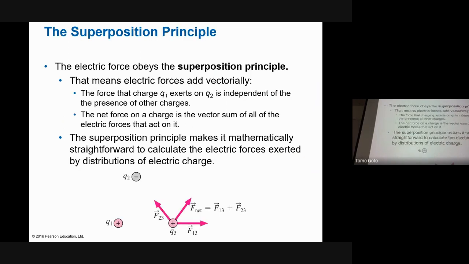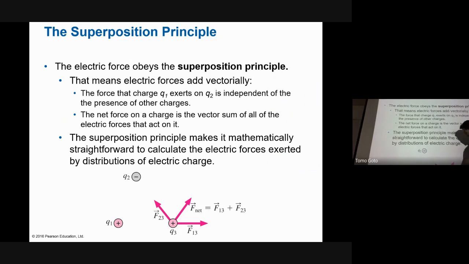Right? Then the superposition principle. This is super convenient, right? If we have multiple charges, like here, plus Q1, plus Q3, and minus Q2, and then say you are Q3, how do you feel the force? Then you just use the superposition principle. That's super convenient.